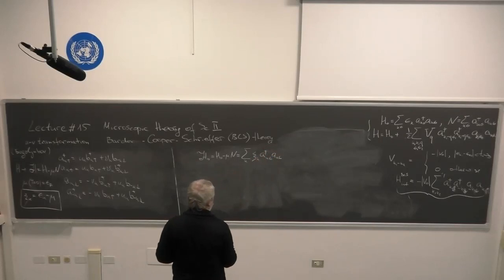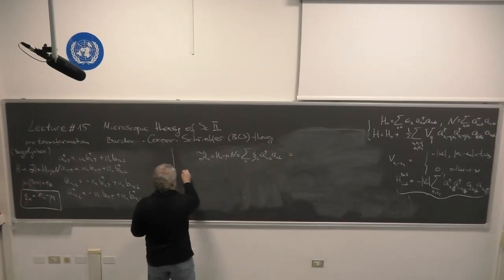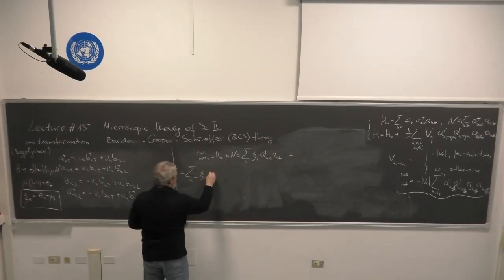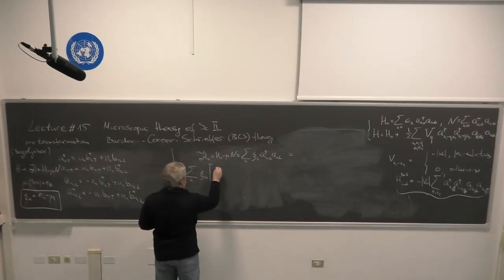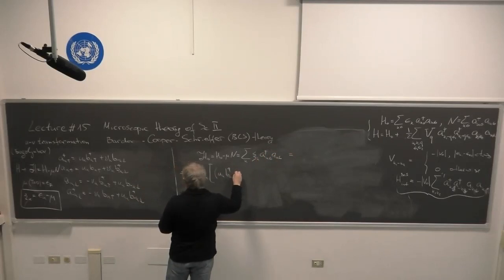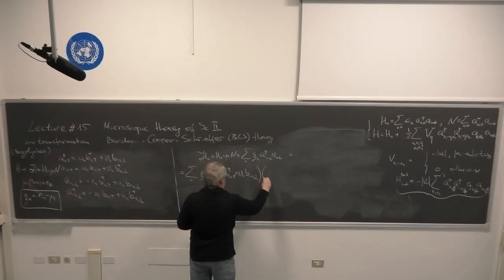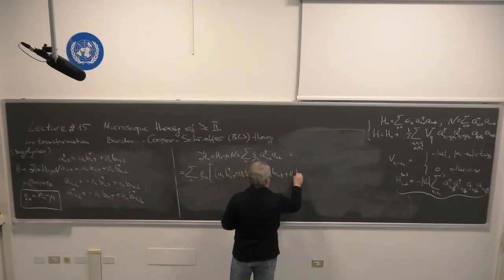Now I write down operators A in terms of operators B, and therefore this is the sum over k of psi_k. First, A_k up dagger, A_k up, U_k B_k up dagger plus V_k B_minus k down, times U_k B_k up plus V_k B_minus k down dagger.